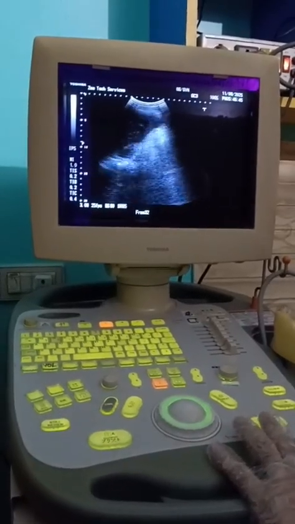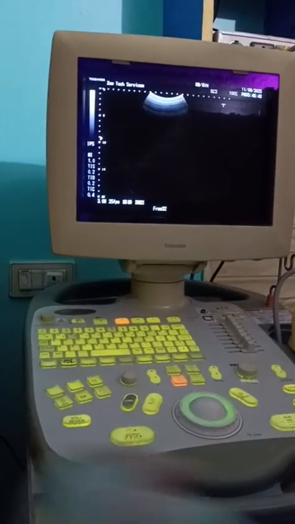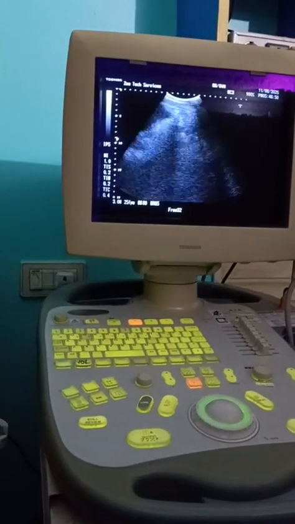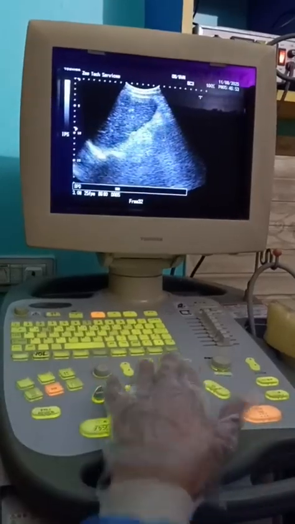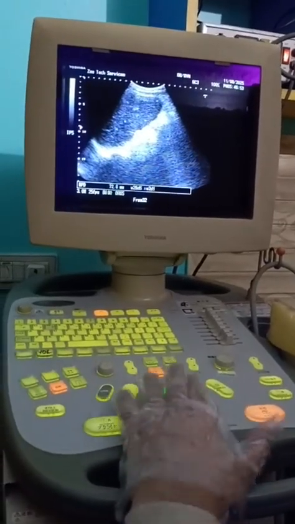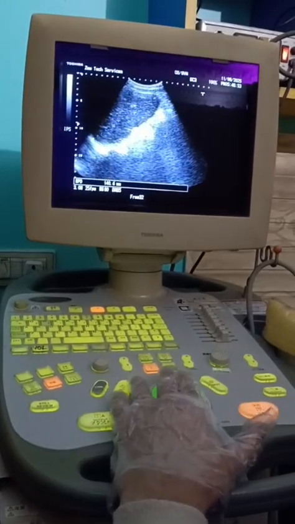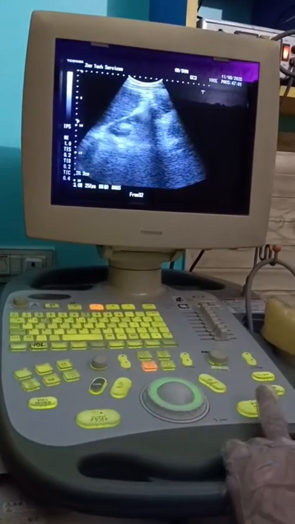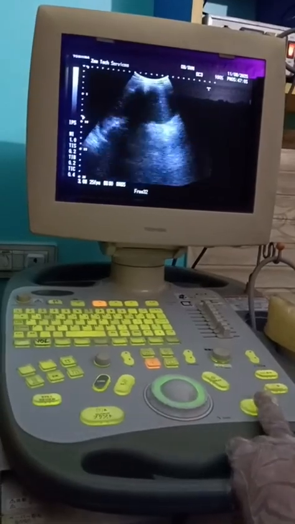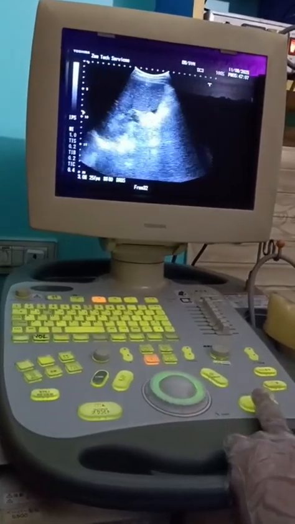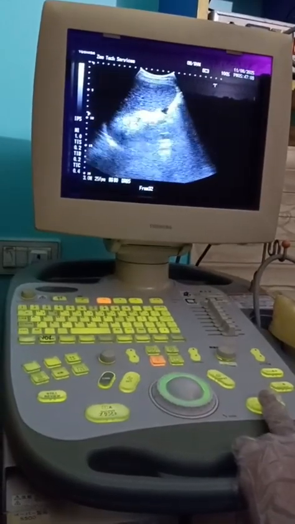The spleen measures approximately, here is the spleen size, 14 centimeters in length. This is the left kidney.